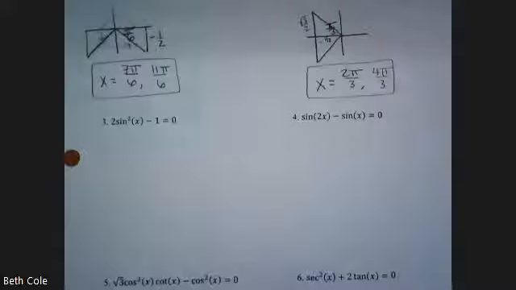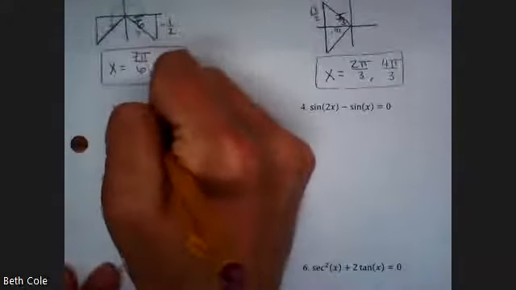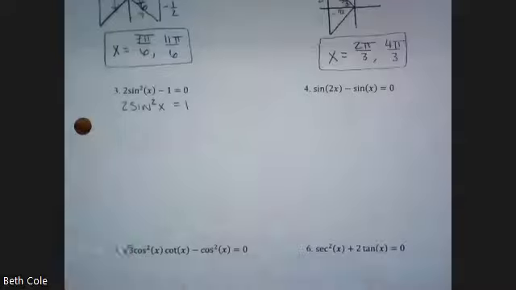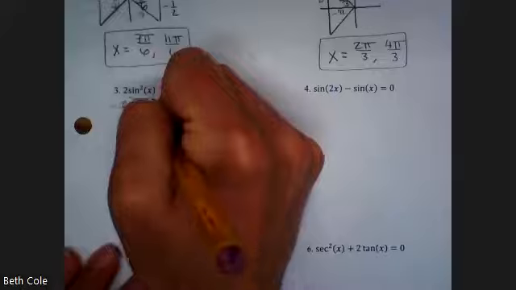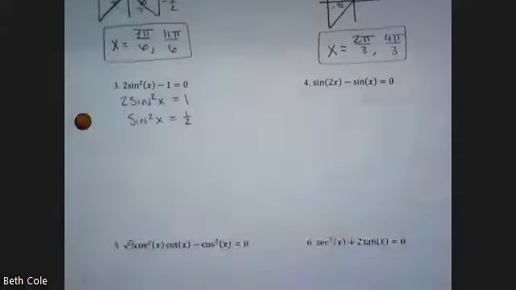All right, number 3, trying to get x by itself, you would add 1. And then divide by 2. But this one has a squared. So how do we undo a squared? Square root.